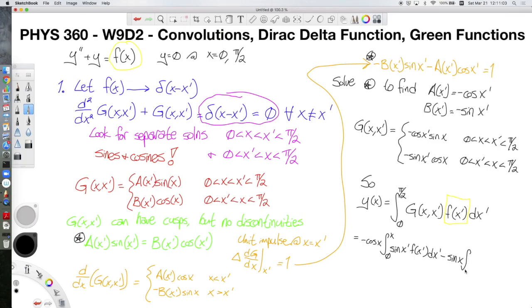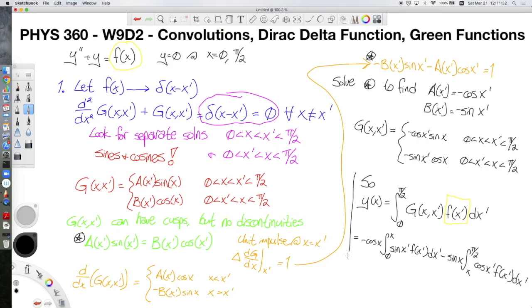Something seems a little weird. And I want to make sure it's right before I write it down. No, that is not right. Okay, the integral from x to pi over 2, that makes more sense, of cosine x prime, f of x prime, dx prime.